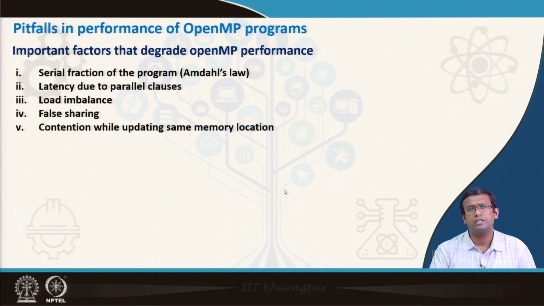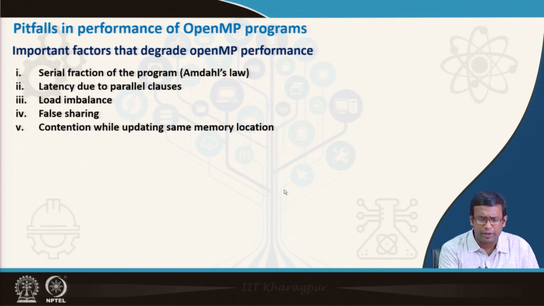The other can be contention while updating the same memory location, and we will show you an example. This can be very bad if multiple processors are working together and they are trying to update one particular memory location, then garbage values may come out, because one has updated, the other has not taken care of that update and further overwritten it. So the performance can come down, because the processors are fighting to write on the same memory space, and one processor can overwrite another's write and you can get a garbage result, or a result without meaning.